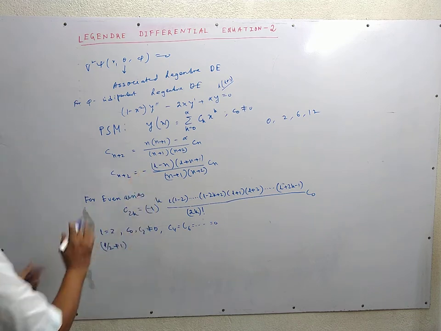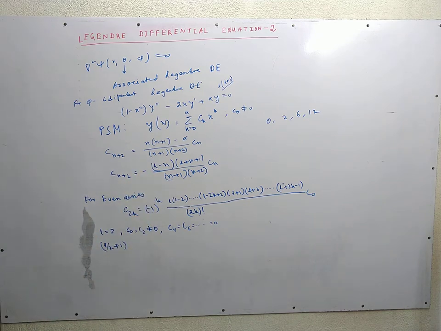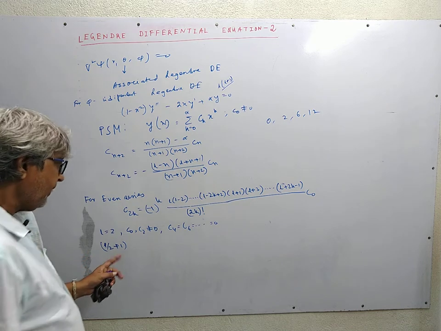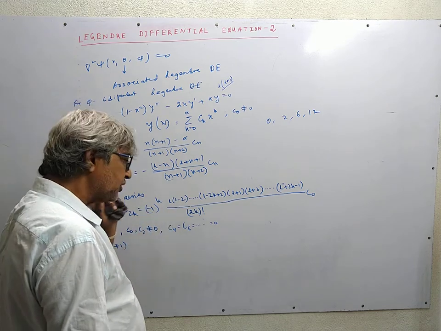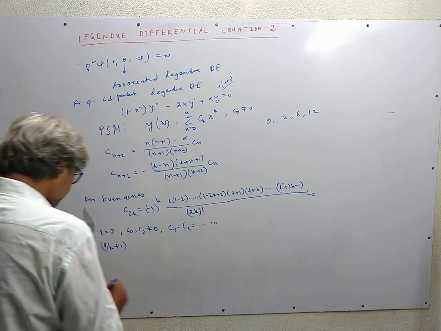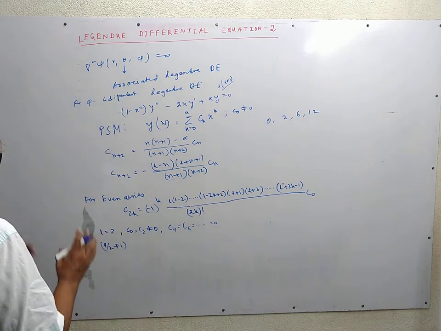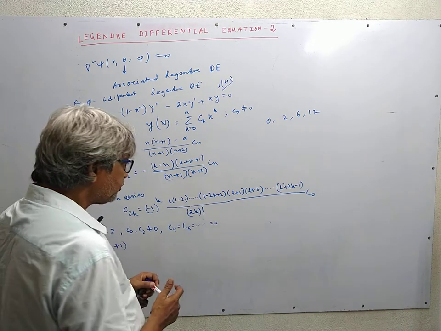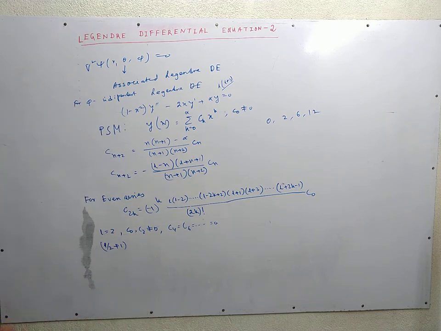We have explained this in the earlier class. For odd values of L, this solution is an infinite series. So the conclusion of the previous class is that if L is an even integer, the even series becomes a polynomial, but for odd values of L, y even remains an infinite series.